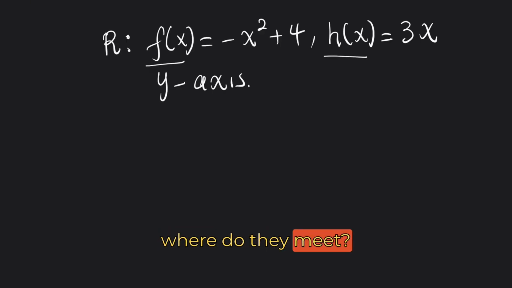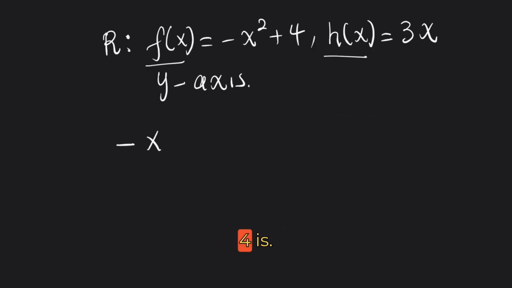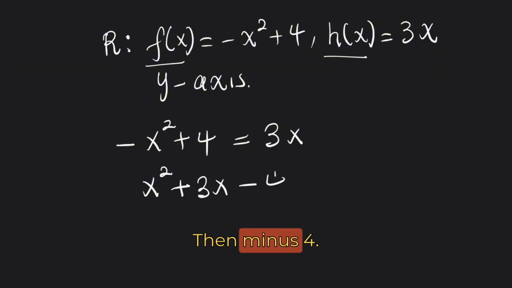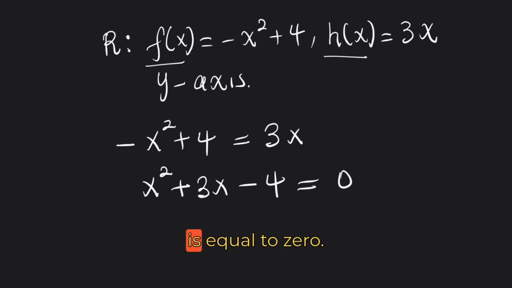These two functions meet when negative x squared plus 4 is equal to 3x. Multiplying by negative, this becomes x squared plus 3x minus 4 equal to 0. The 3x is positive because it was multiplied by a negative.